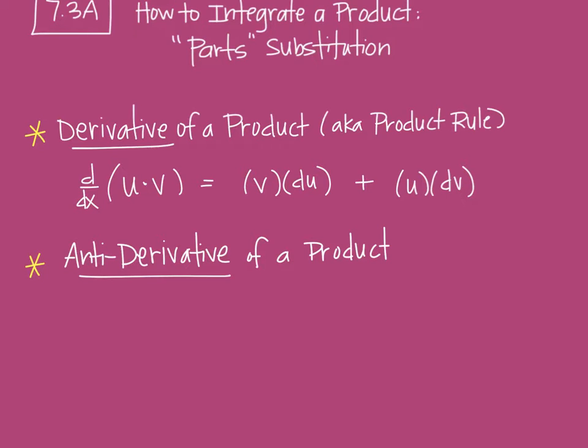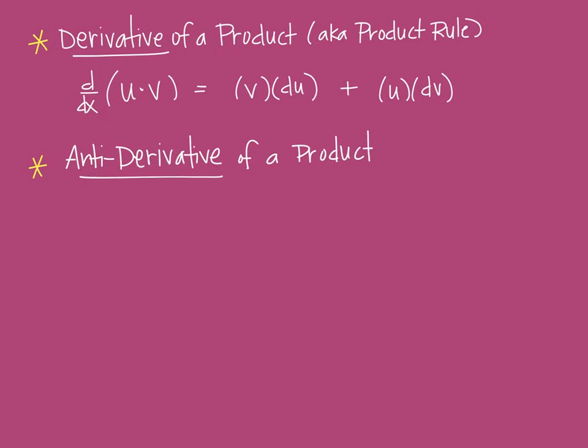There are 4, actually. You start with 2, but when you do it, you end up with 4 pieces. You end up with u itself and a du somewhere. You end up with v itself and a dv somewhere. Those are called the 4 parts of it. And we need to rearrange those 4 parts so that we can do the antiderivative. And we're not going to be using addition. We'll be using subtraction.